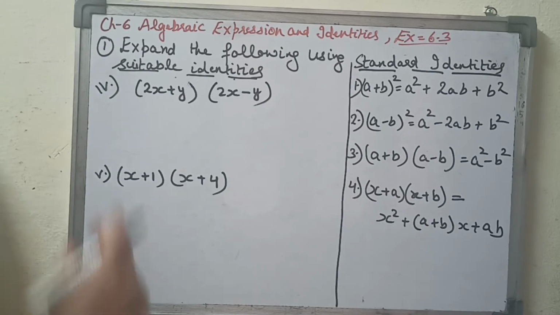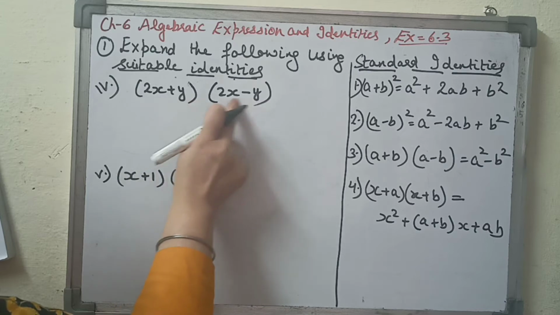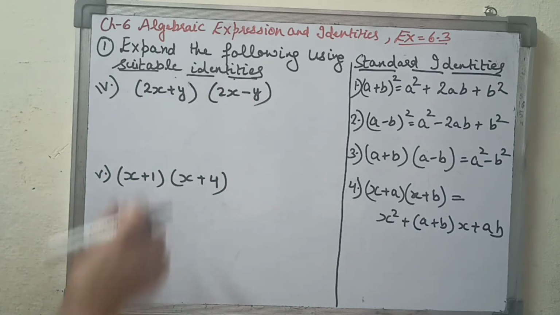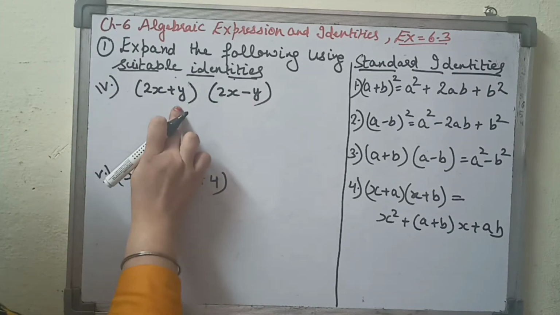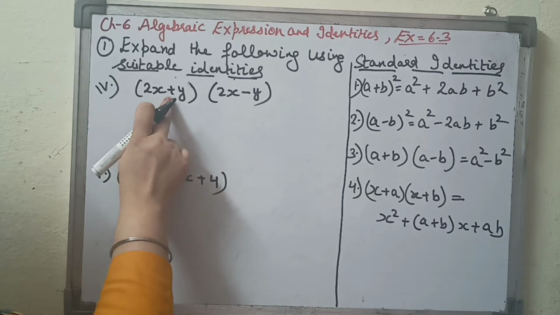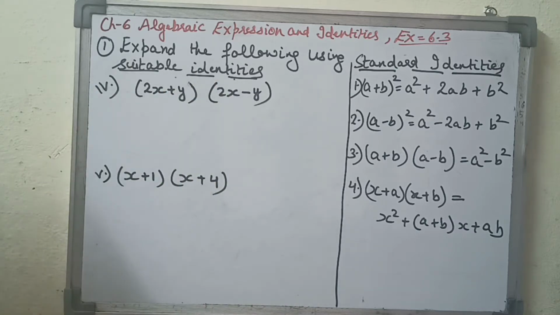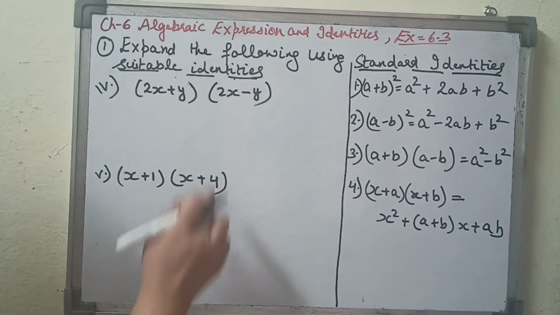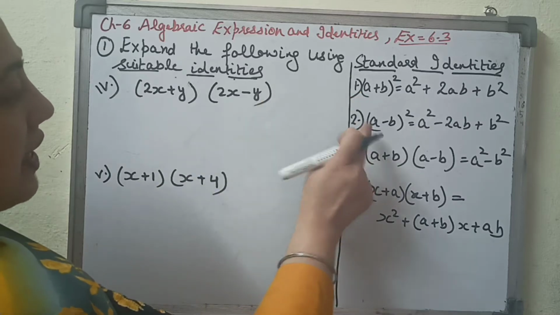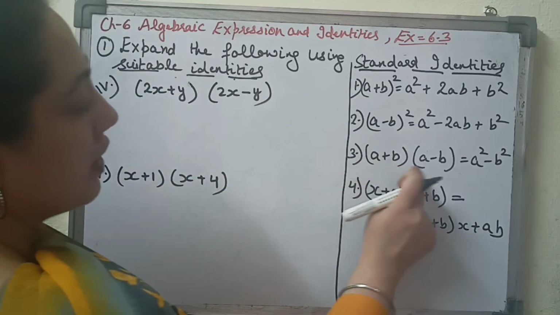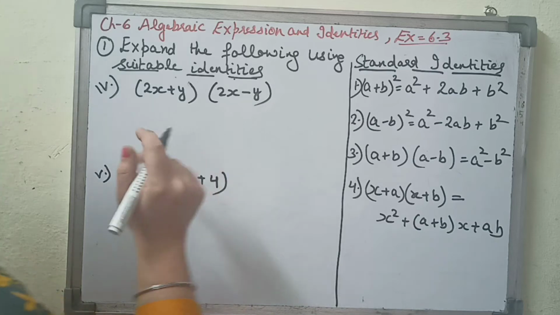Fourth part of the sum number 1 is (2x plus y)(2x minus y). Now look at these two terms. These are the same, but there is a change in sign. In the middle there are different signs. In the first term there is a positive sign, and in the second term there is a negative sign. So we cannot use here the first identity as well as the second identity. Now look at the third identity, (a plus b)(a minus b).